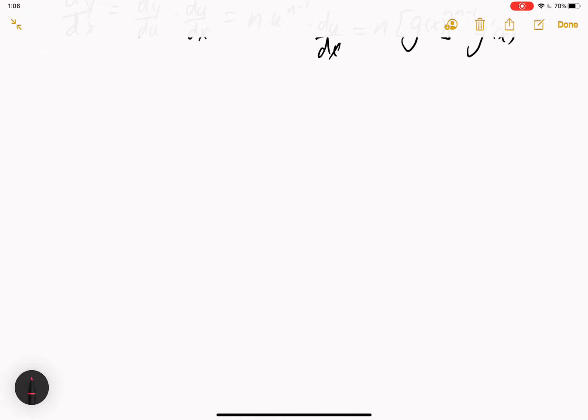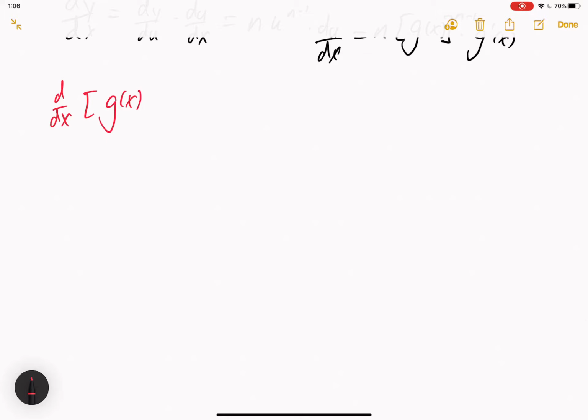Alternatively, the way you could write that is d dx of g of x to the n is equal to n times g of x to the n minus 1 times g prime of x. That way you don't necessarily need to use that Leibniz notation.